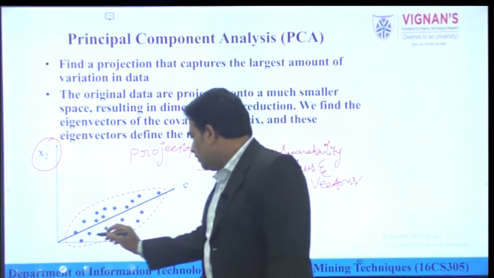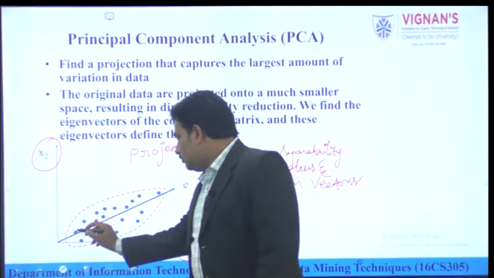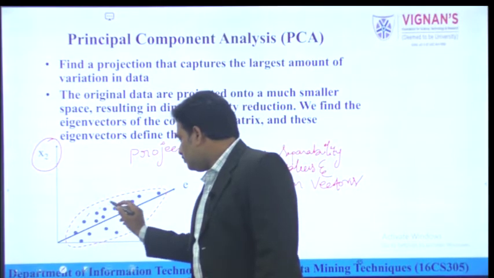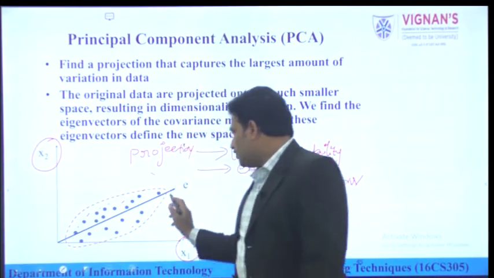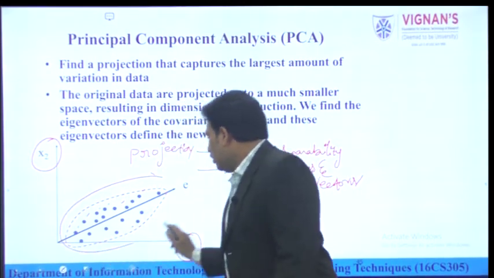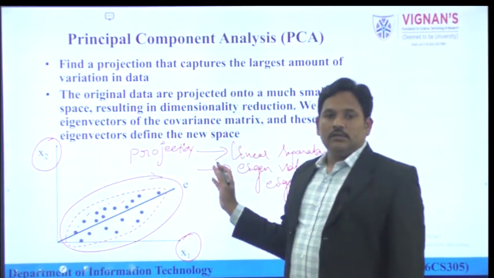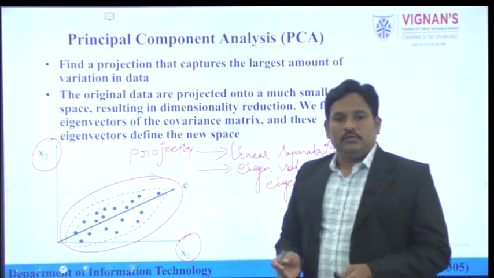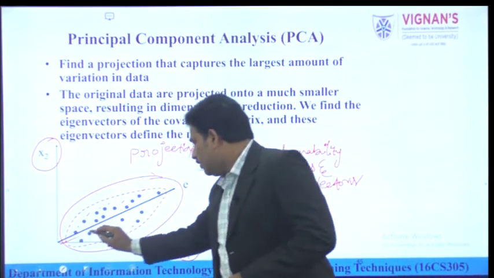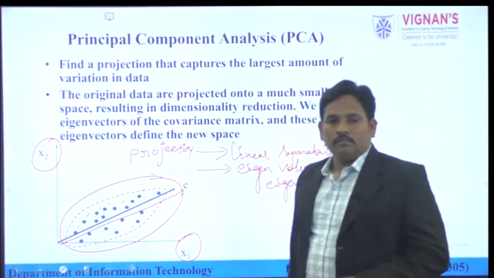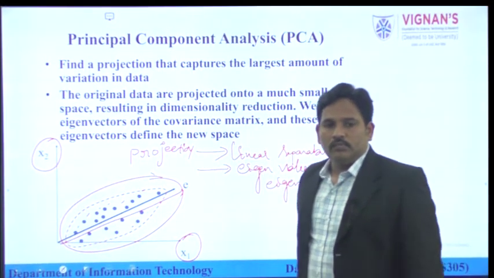If you look carefully here, some values have been found between x1 and x2, and how can we make them linearly separable? Among these points, we have drawn one line with some slope.